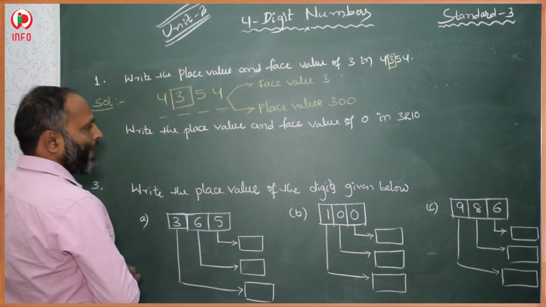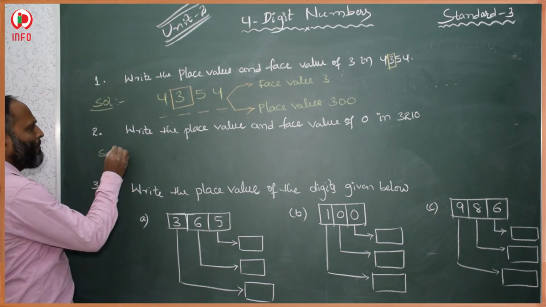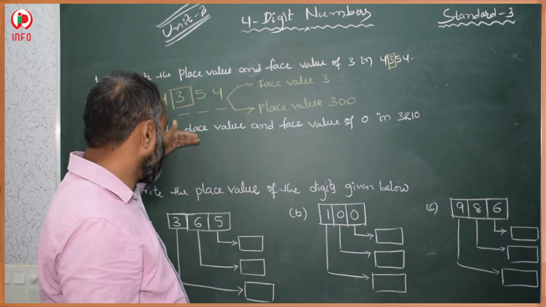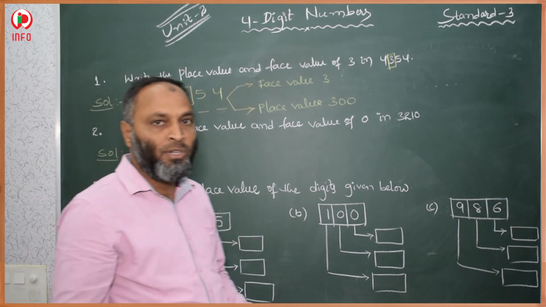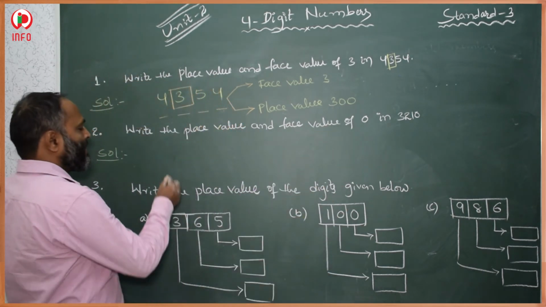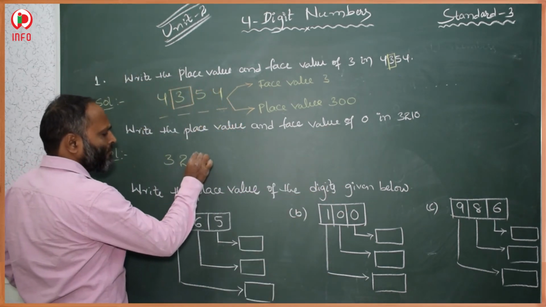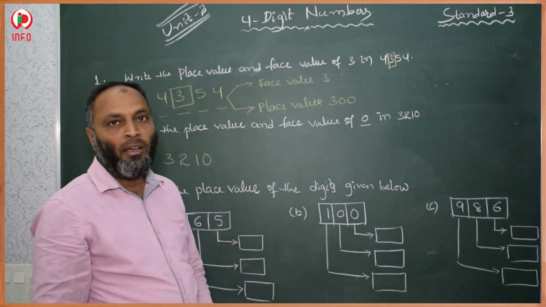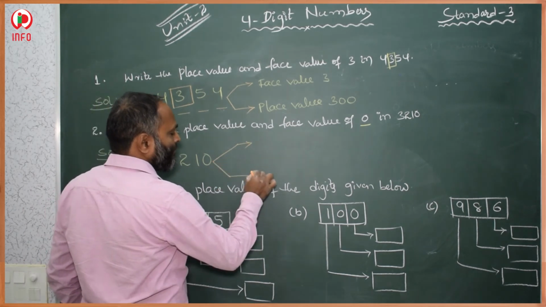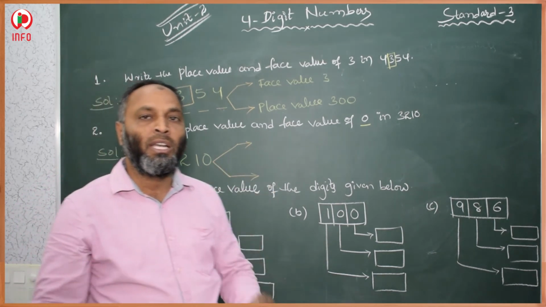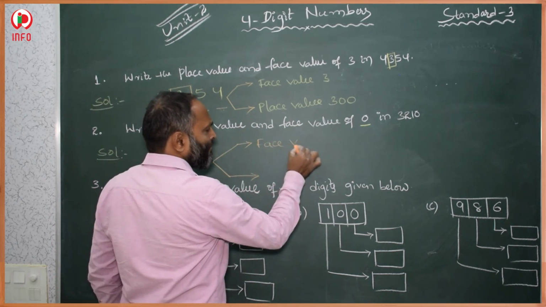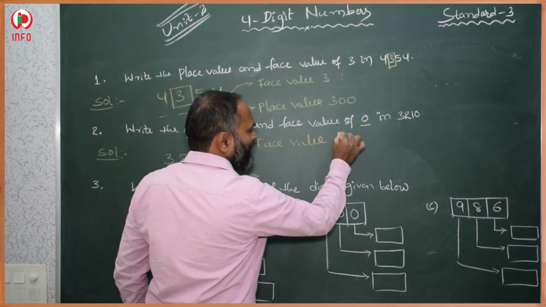In the same way, the next question is also based on face value and place value. Total 3 questions are there, and all 3 are based on face value and place value. In the question 3210, find the face value and place value of 0. What is the face value and what is the place value? The face value of 0 is 0 only.